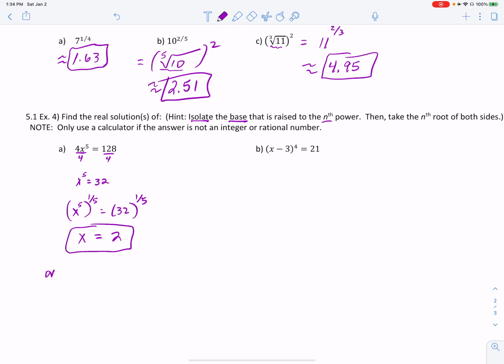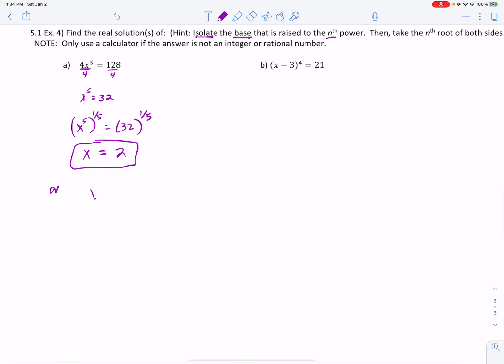Okay, or once I got to x to the 5th equals 32, I could have shown taking the 5th root like this and still getting the same answer.